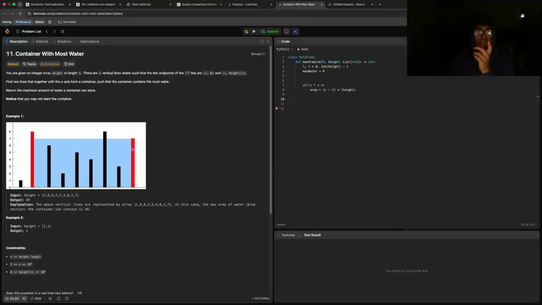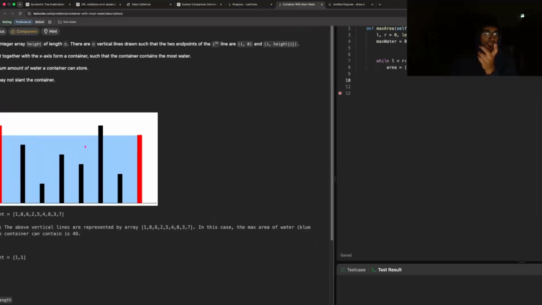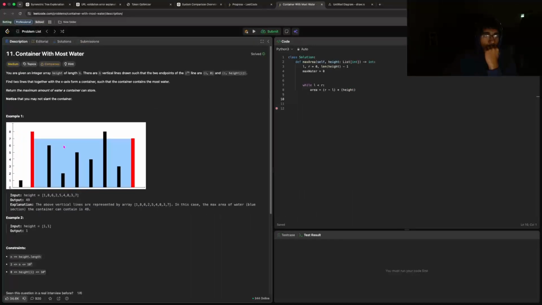But even in that, I think this is asking us to use the smallest value between R and L. So that would look like min of height L, height R, right?